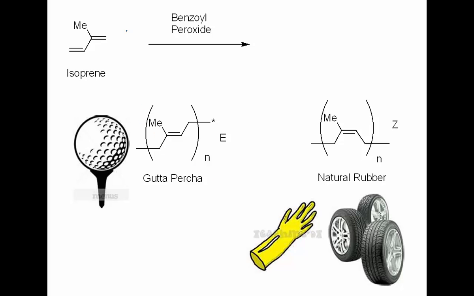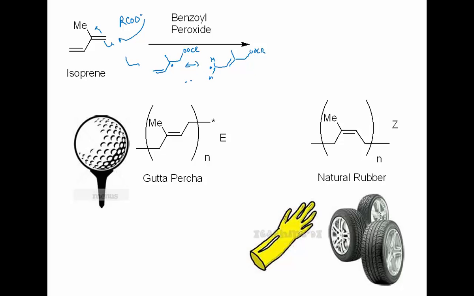Okay, so we're adding our peroxy radical to make a new radical there. It's got a resonance structure. Okay.